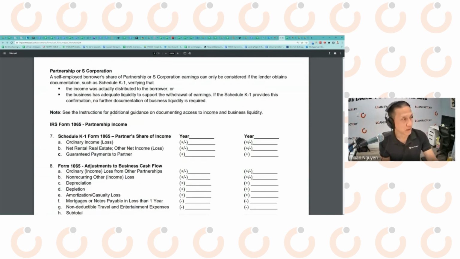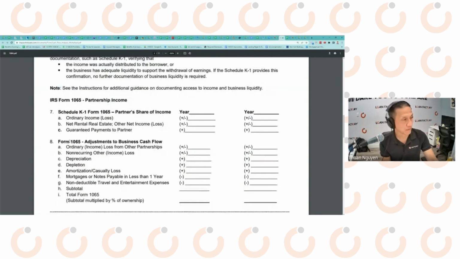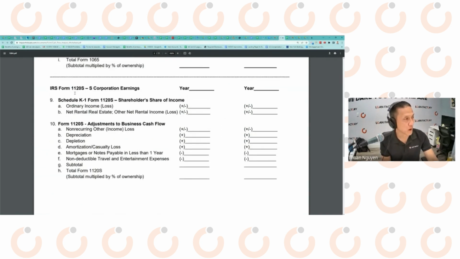If the entity is a partnership, they have to file the form called 1065. For you as an individual, you file the form called 1040. A partnership files the form 1065, and a corporation will file 1120. There are two types of corporation, a C corporation and an S corporation.